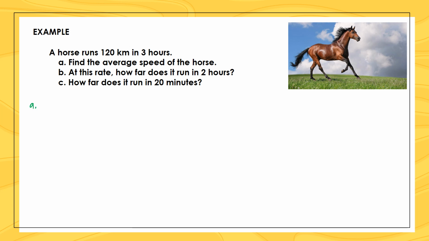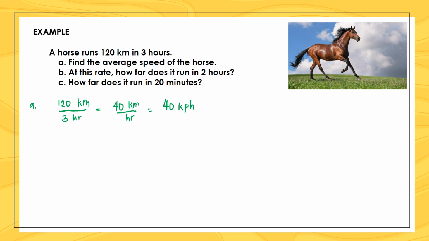So for letter A, we just need to divide 120 kilometers by 3 hours. 120 divided by 3, that will be 40. 40 kilometers over hour, or simply, 40 kilometers per hour. Okay, so this is already your letter A.